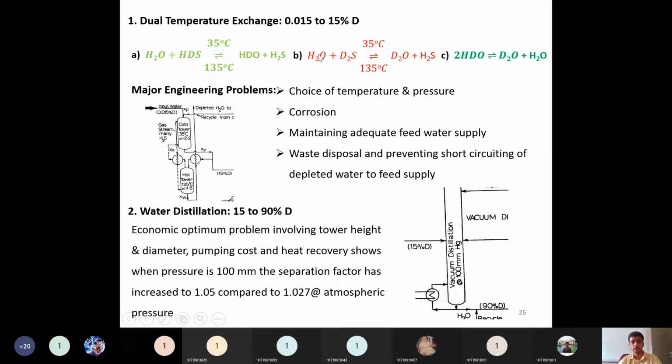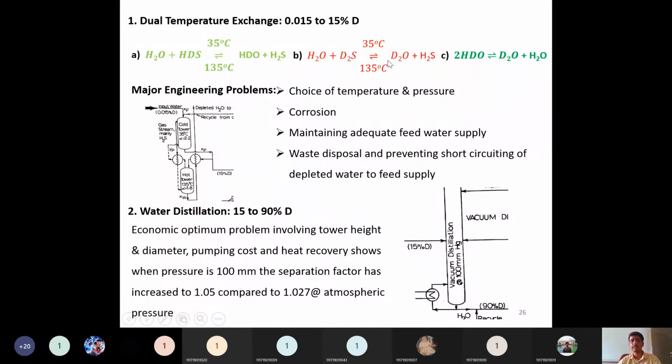Then H2O and D2S, deuterium sulfide, combine together in the forward reaction in the cold tower and form D2O, deuterium oxide, plus H2S. In the hot tower the reverse reaction applies, in which D2O plus H2S once again comes back to H2O and D2S.